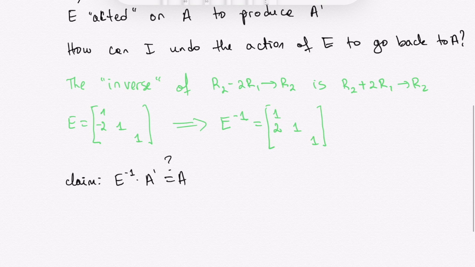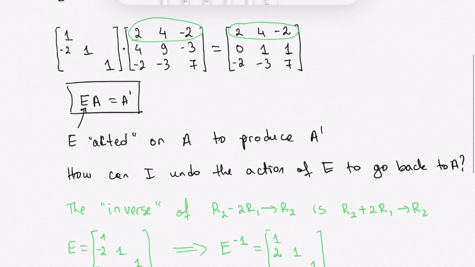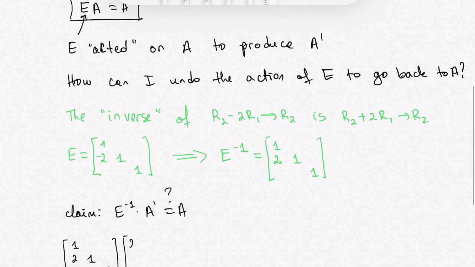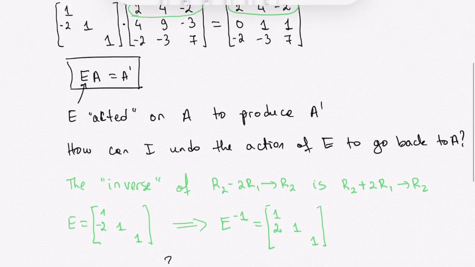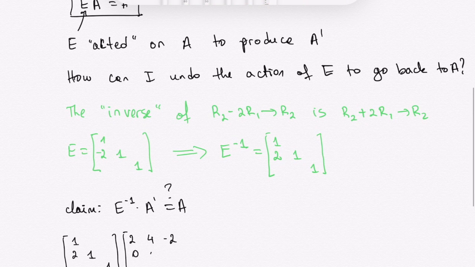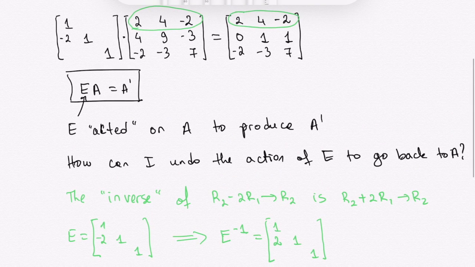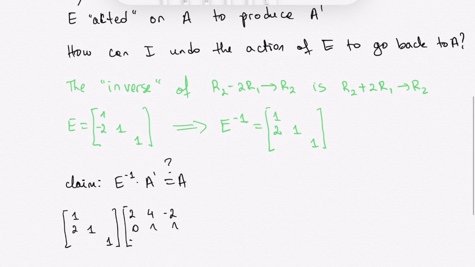So I have this operation 1, 2, 1, 1 applied onto A prime, which is 2, 4, negative 2 in the first row, then 0, 1, 1, and negative 2, negative 3, 7.